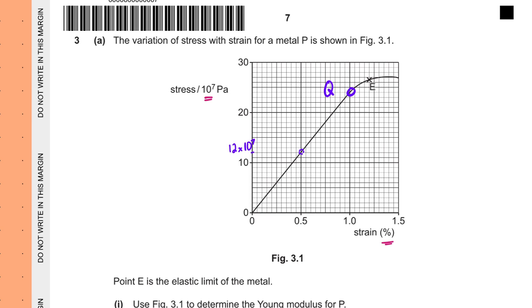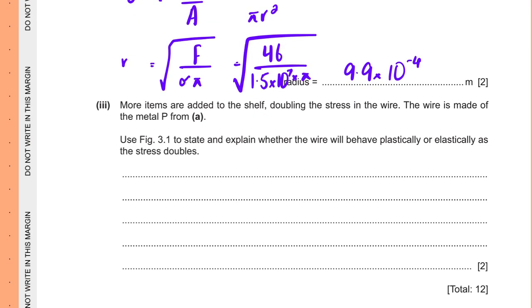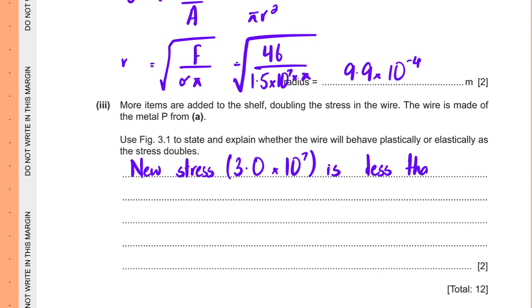So I would say that the new stress, which is 3.0 times 10 to the 7, is less than the stress at the elastic limit.